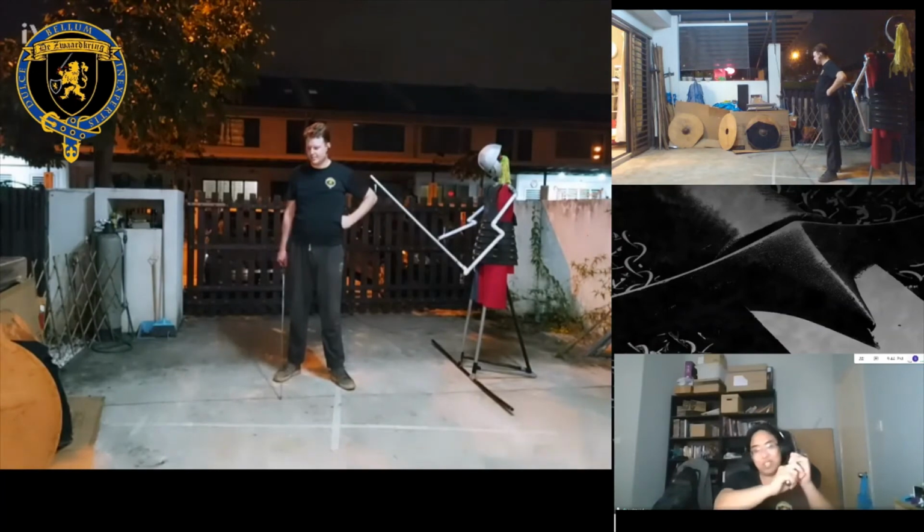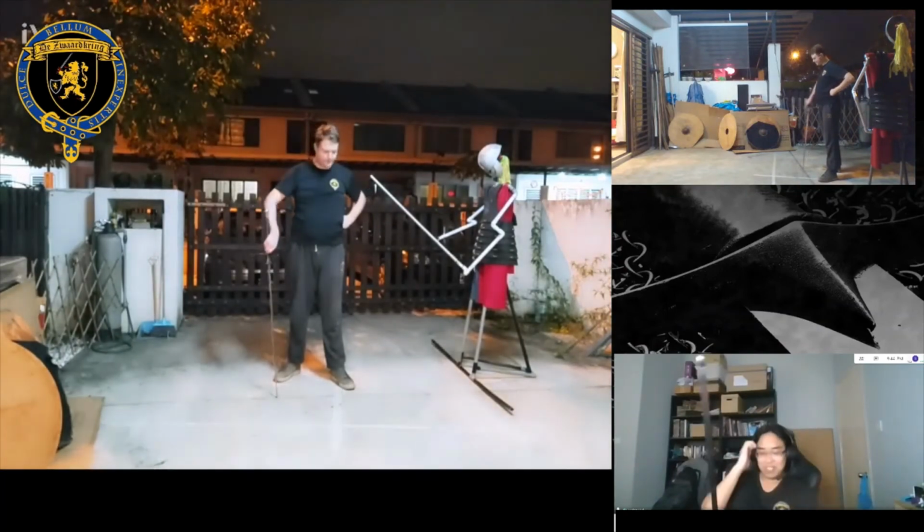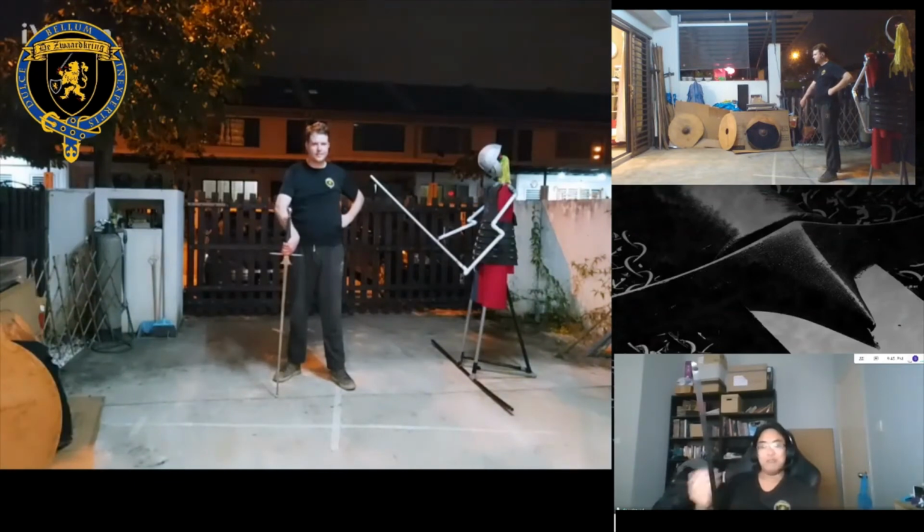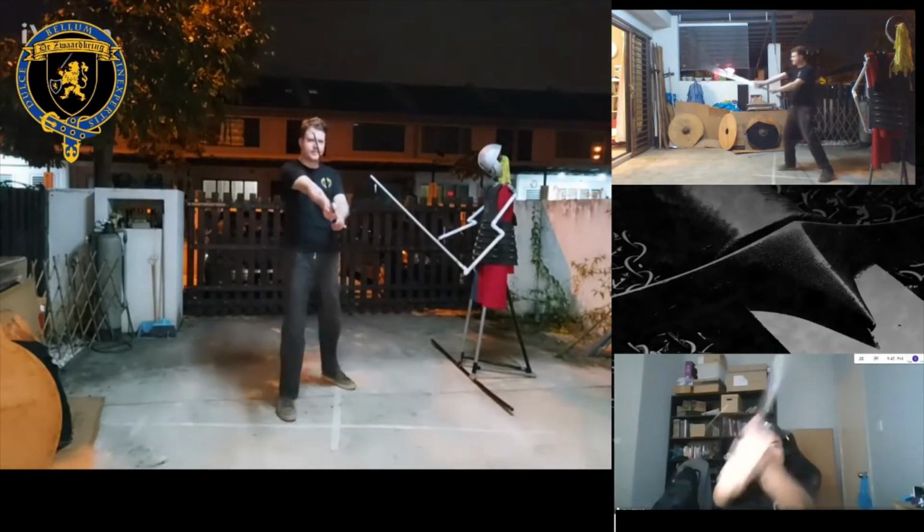Similarly, if he throws a cut and he misses, you should already know that he's out of reach and not going to hit you. Your rising after comes not when his sword has hit the ground, because at that point he's already in guard, ready to attack again, but rather at the point where his point can no longer threaten you. Maybe it's already past Langenort, because remember, we're supposed to cut through Langenort.